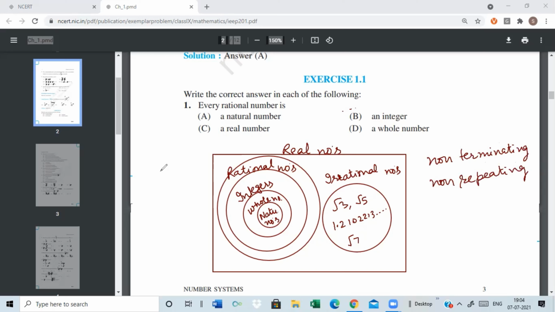And rational numbers can be written as p by q. So real numbers consist of rational numbers and irrational numbers.